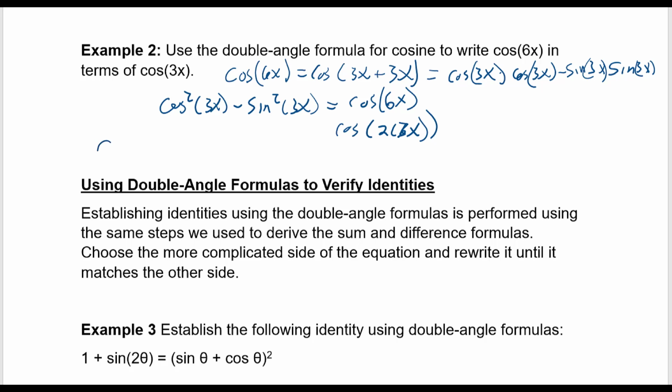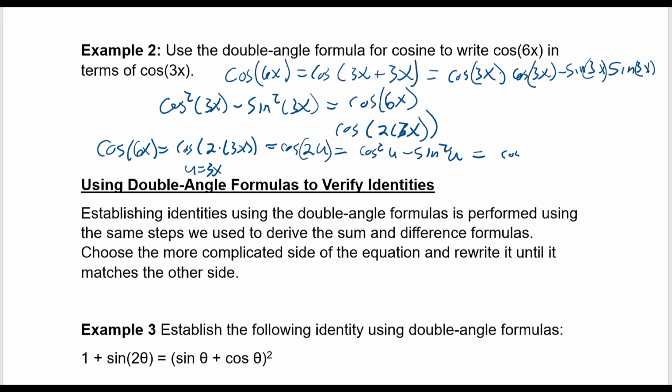One other way to see this, if we said cosine of 6x was cosine of 2 times 3x, where we say u equals 3x, think of this as cosine of 2u, which would be cosine squared u minus sine squared u. And the u in this case is 3x, so it's cosine squared of 3x minus sine squared of 3x. Okay, and that'll be it for this video.